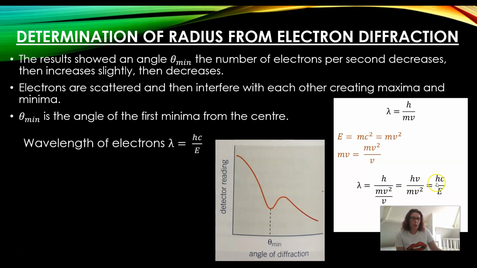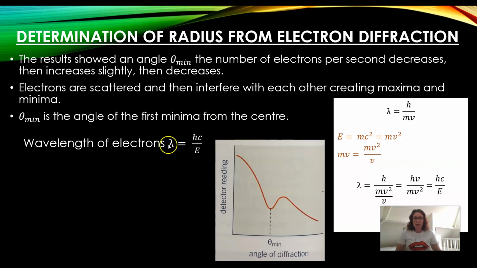This is an alternative way of looking at the de Broglie wavelength, where the wavelength is equal to hc over E. If you don't get this, don't worry too much. They do this a lot at A2, this nifty trick of converting momentum into energy.